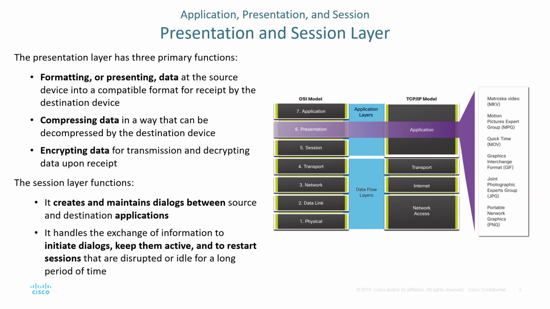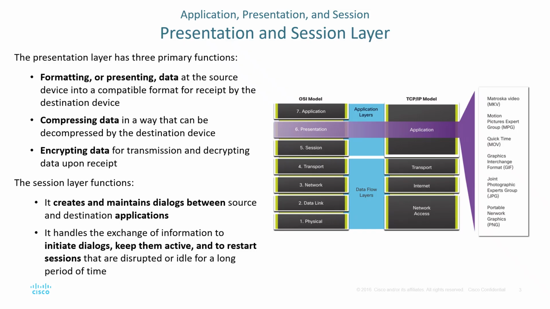Is it a JPEG? Is it a GIF? What is it? And at the destination, can that file be readable at the destination? Does the data have to be compressed in such a way that it can be decompressed by the destination device? And are we encrypting our data for transmission and then decrypting data upon receipt?